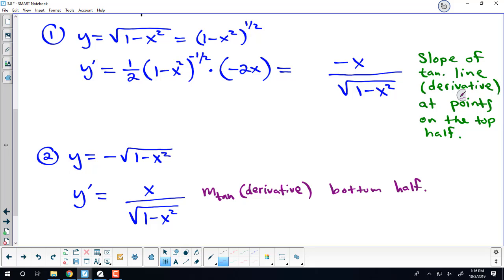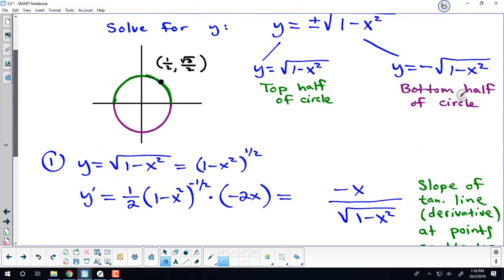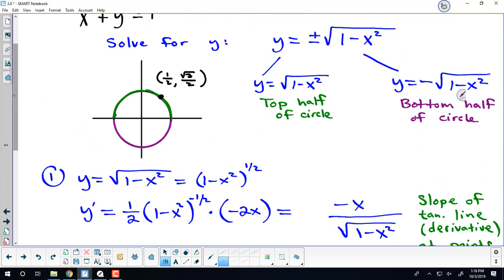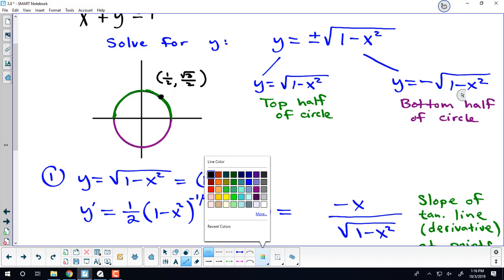So do these two results actually make sense in terms of our unit circle? Notice the derivative for the top half of the circle is negative. If we plug in, for instance, the point 1/2 comma root 3 over 2, the x value is 1/2, but is the slope of the tangent line at that point positive or negative?